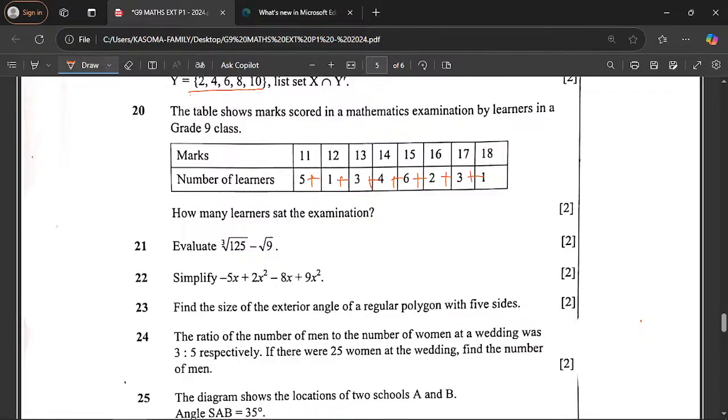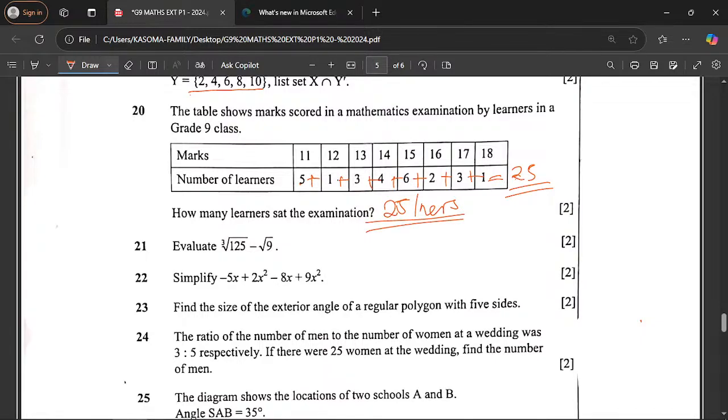So 5 plus 1 will give us 6. 6 plus 3 will give us 9. 9 plus 4, 13. 13 plus 6, 19. 19 plus 2, 21. 21 plus 3, 24. 24 plus 1 will give us 25. So how many learners sat for the examination? We are saying 25 learners.